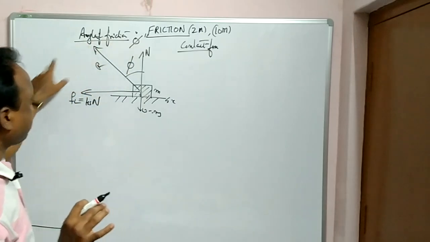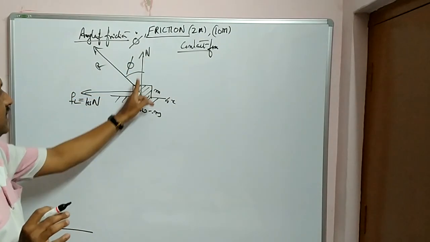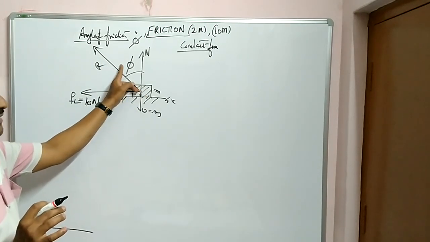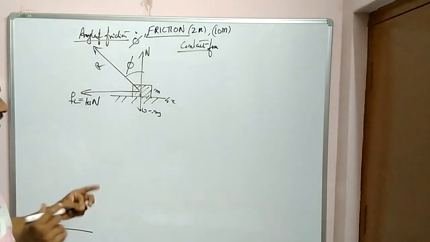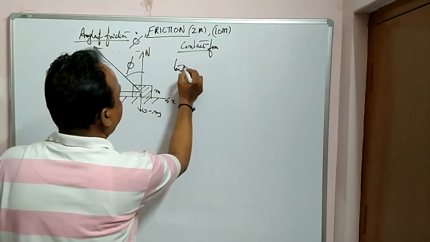Clear? So draw this figure. You can see here this is one force and this is another force. This is the resultant, and this resultant makes some angle phi, which is called the angle of friction. Now here you can calculate tan phi.